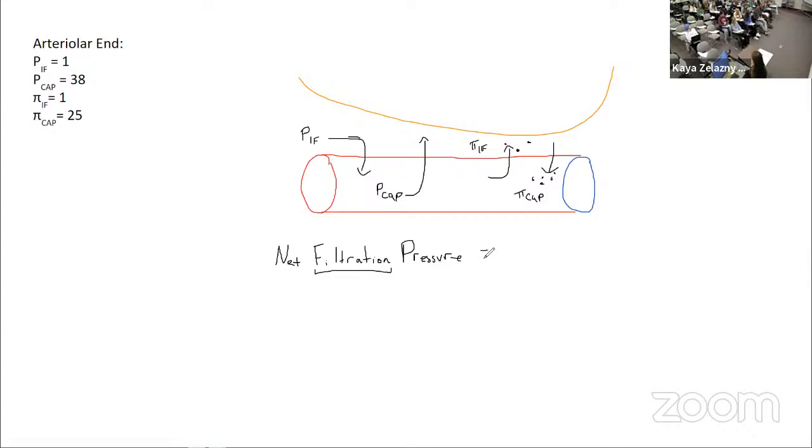So what we're going to do is count up everything that's for filtration, so all our positive numbers for filtration. And then we're going to subtract out anything that goes the opposite direction, so we're still subtracting out all our absorption.